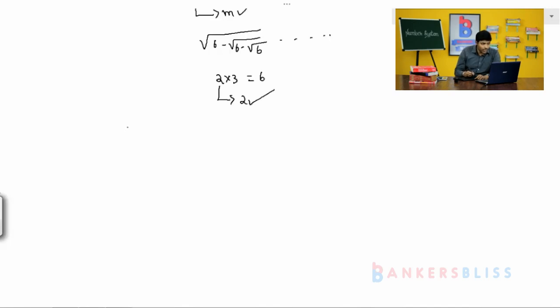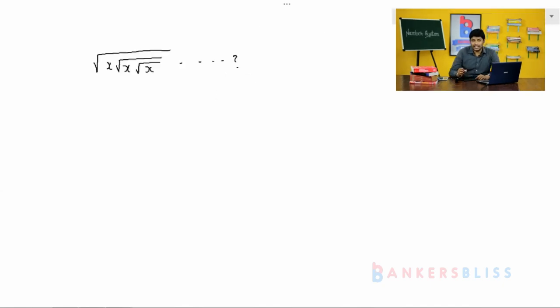If they give the value like this, root of x into root of x into root of x, then the answer will be x to the power of (2 power n minus 1) by 2 power n. N means how many times x they have given. See here, consider an example, root of 7 into root of 7 into root of 7.